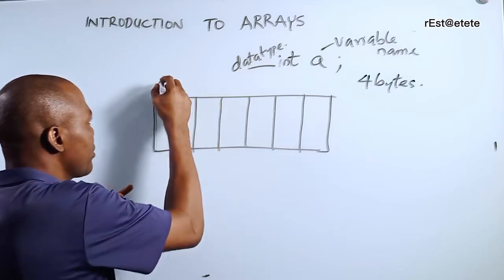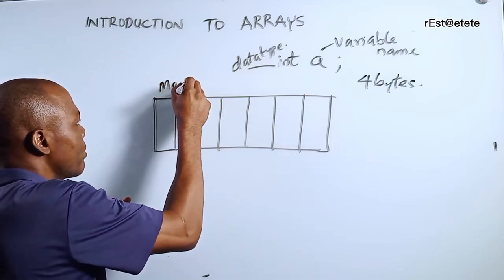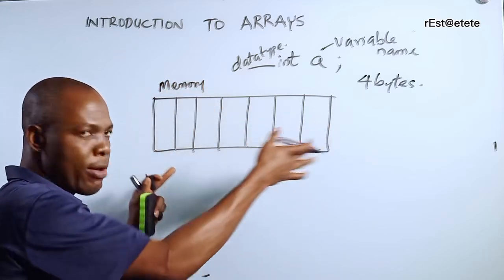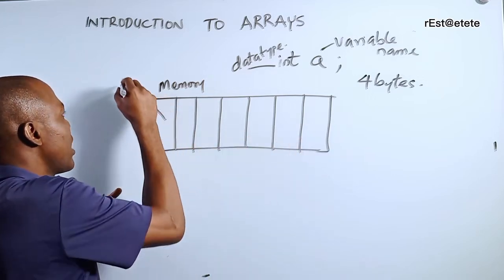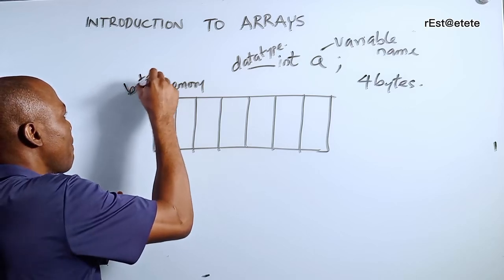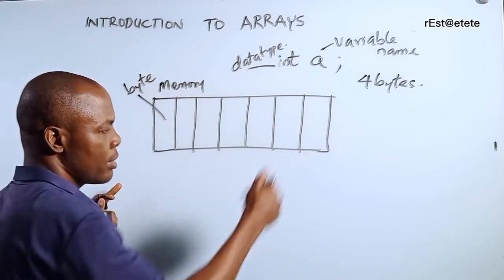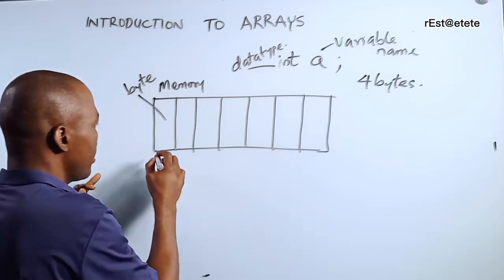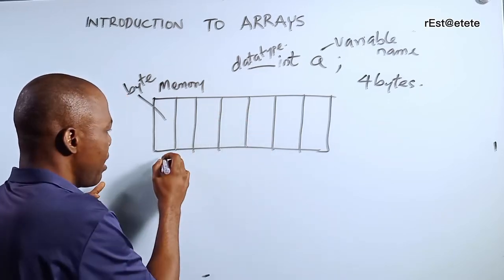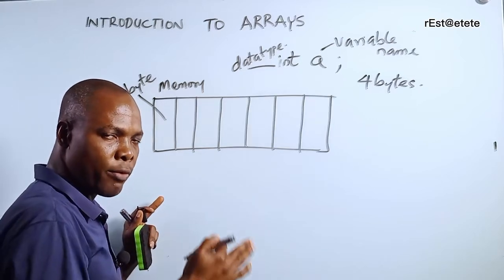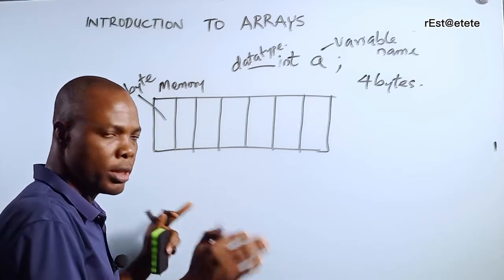Now, this is a memory. In this memory, each of these is considered a byte. Now, this byte has an address, and it is usually in hexadecimal. But for the sake of this class, I'm just going to use generic numbers.